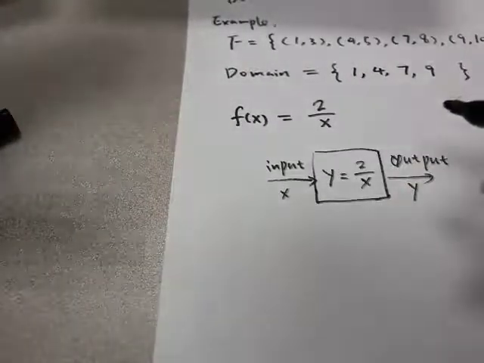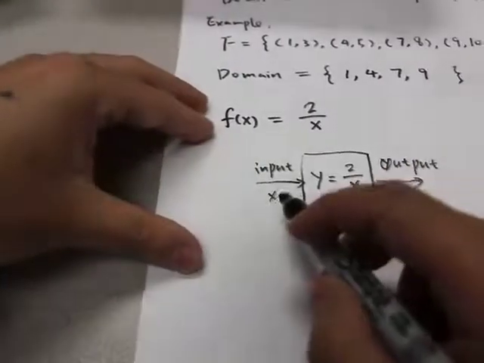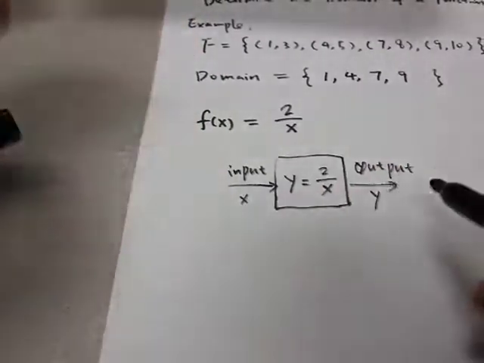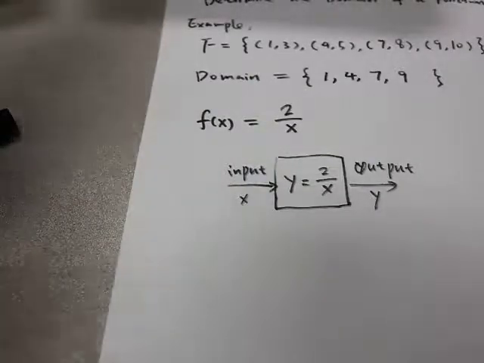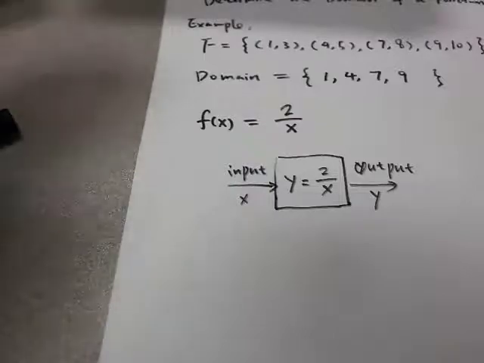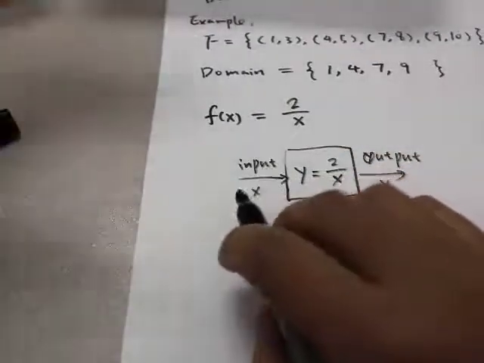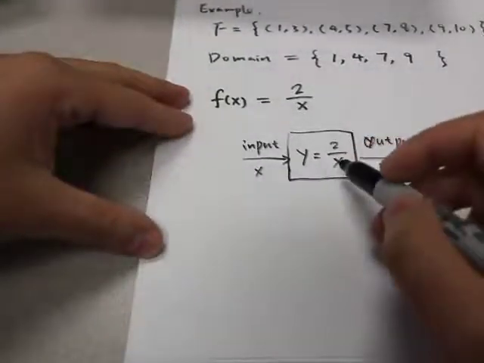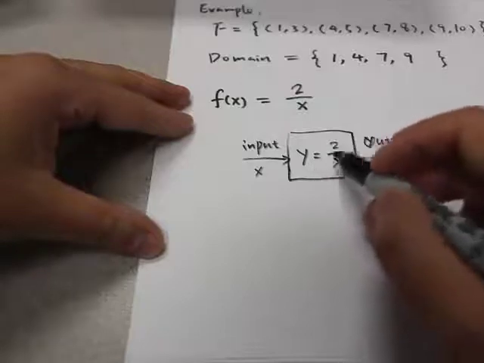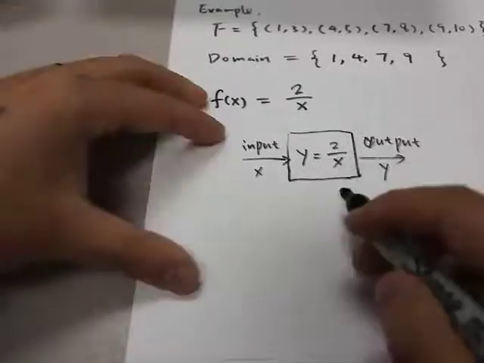The way we decide this is, if the output is some weird number, I will explain what that means, then we cannot use the x as the input. So let's look at in which case, given this equation, we will generate a weird number.